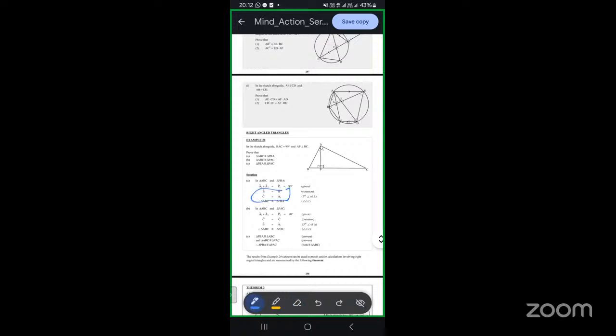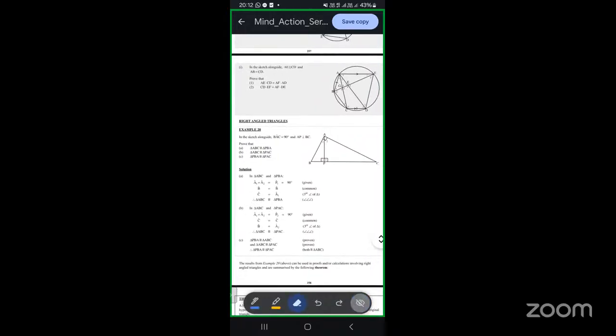From A to B? I was doing number A in example 20.